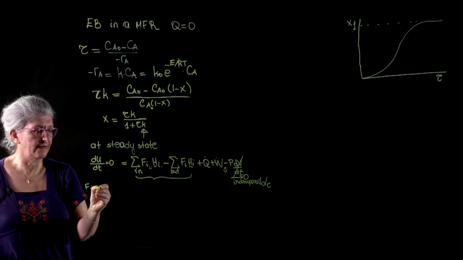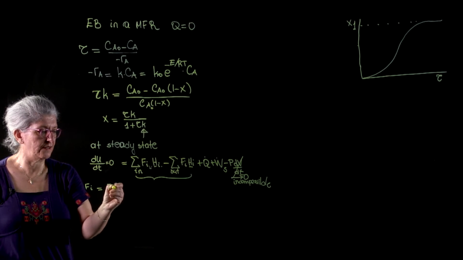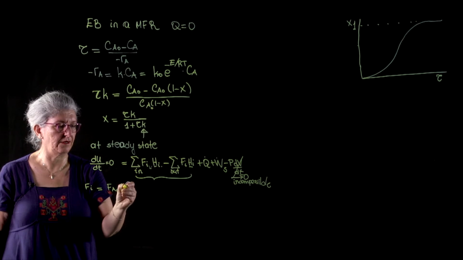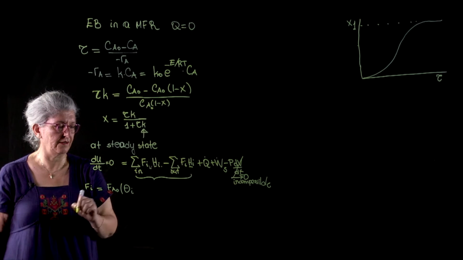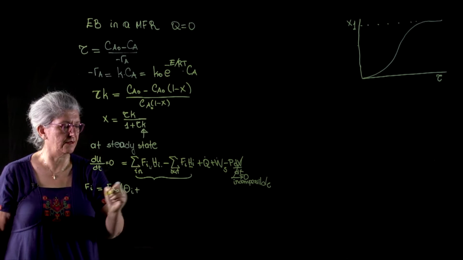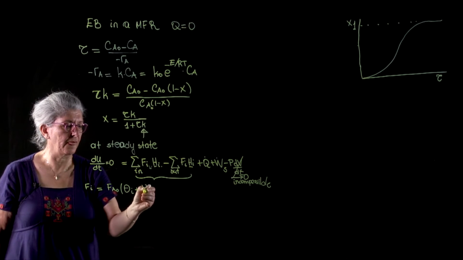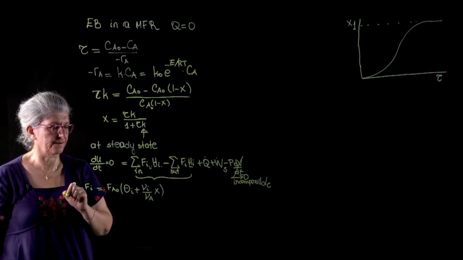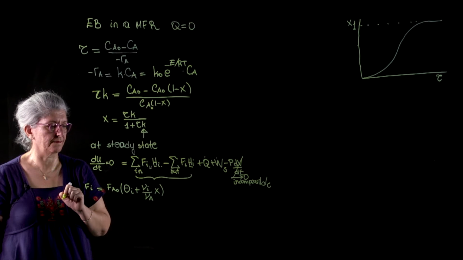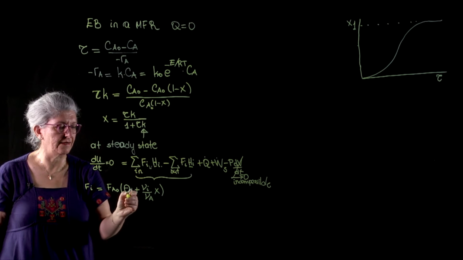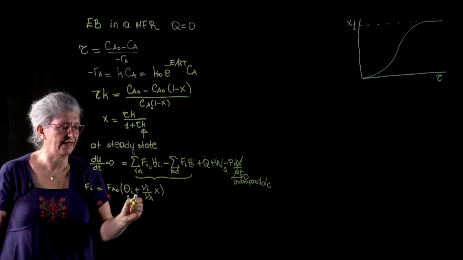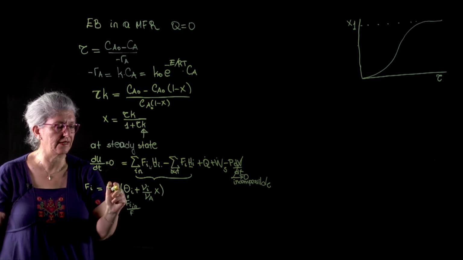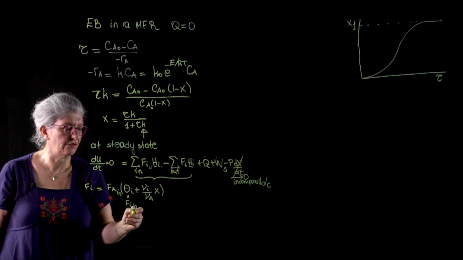Fi is equal to Fa0 times theta I plus nu I over nu A times x. Theta I is Fi0, Fi in, over Fa. Let us use in here instead of 0.